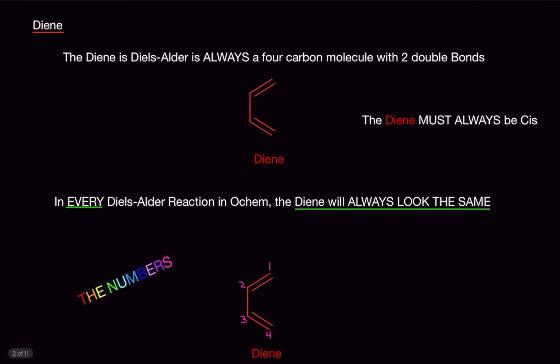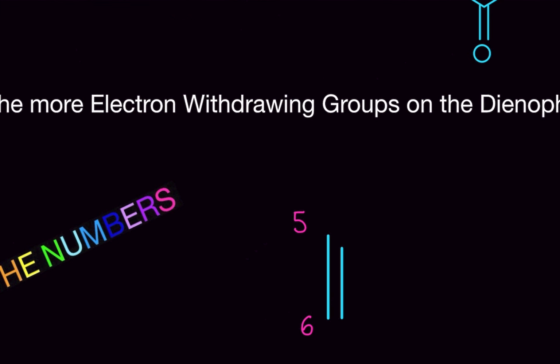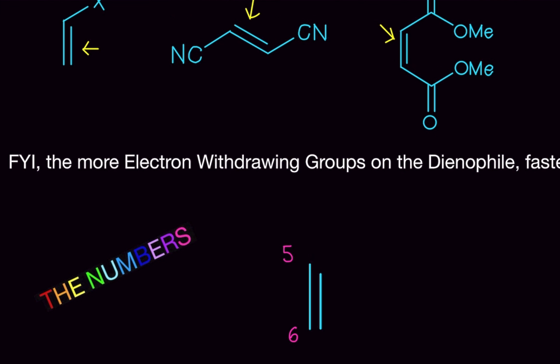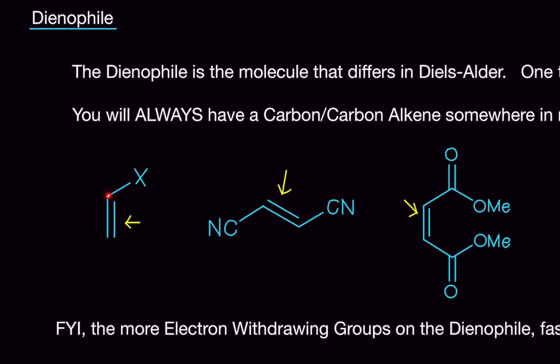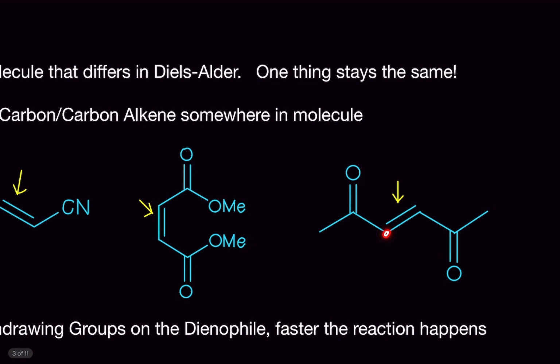So we numbered the diene from 1 to 4. Now what I want to do is number the dienophile, only the alkene part of it, 5 and 6. So for example, this would be 5, this would be 6, this would be 5, this would be 6, and so on.